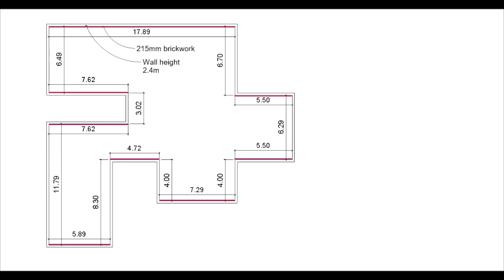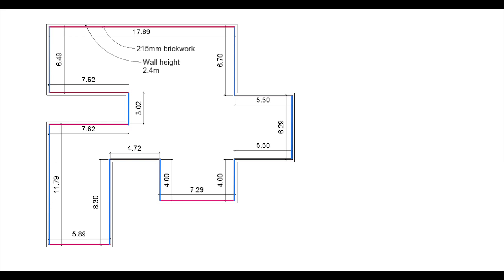Going widthways from top right, we have 6.7, 6.29, 2 by 4.00, 8.30, 11.79, 3.02, and finally 6.49.